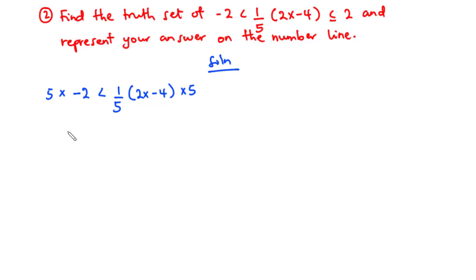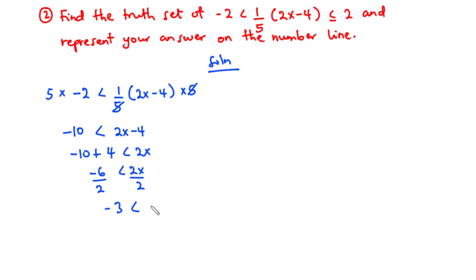Now this becomes -10 is less than 5 cancels out 5, and then we are left with 2x minus 4. We transpose -4 to the left hand side. We have -10 plus 4 is less than 2x. This becomes -6. We divide through by 2, and then we have -3 is less than x, or better still, x is greater than -3.